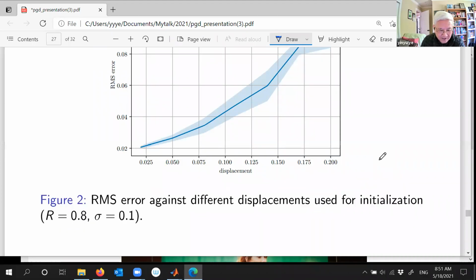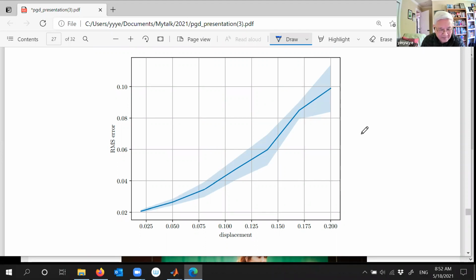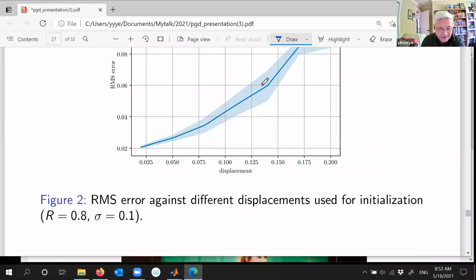For a given range, we then see how the noise affects the error, which increases. Since this is a simulation result, each time we run multiple runs, so the error could be around this. This is the average error, and this is the standard deviation.